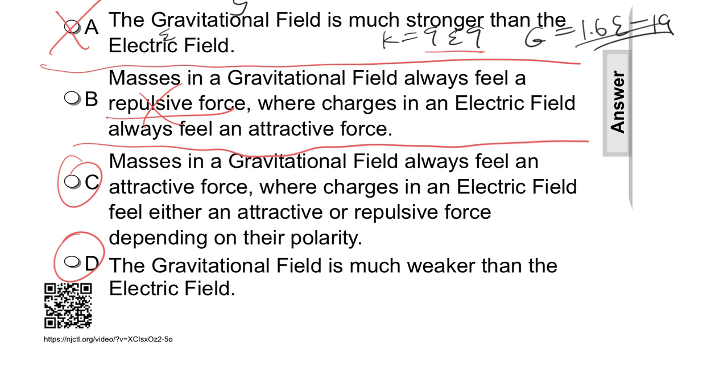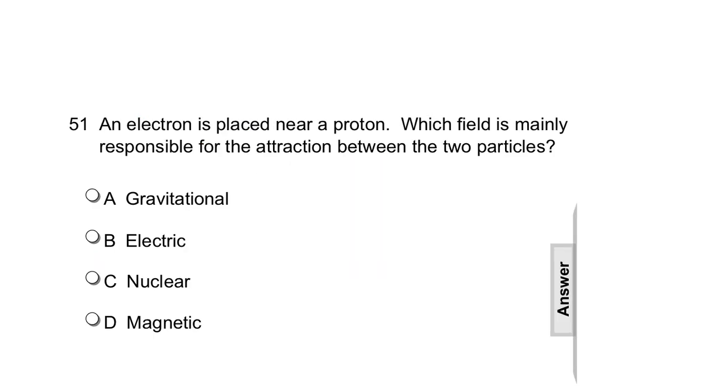The gravitational field is much weaker than an electric field. That's explained when I showed why A is false. Okay, so we have an electron next to a proton. Now their masses are tiny, tiny, tiny. And because of what we said before, big G is so much smaller than the K constant, Coulomb's constant.